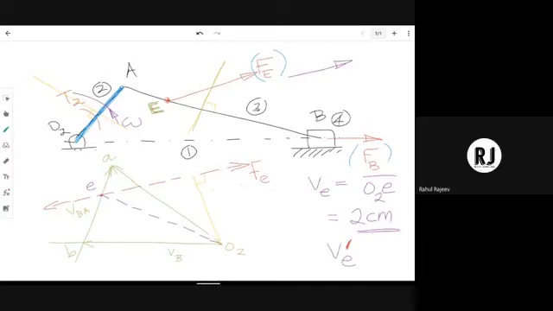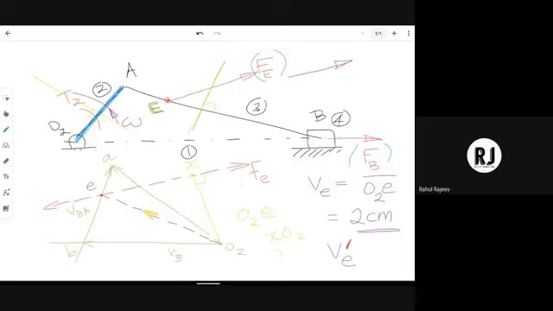Now, if this point is marked as X, this point is marked as S, we already know from O2 to e, the direction is like this. Now, what is basically O2 to e?